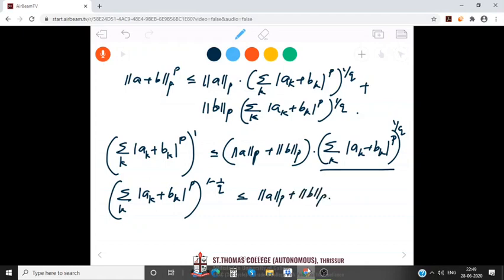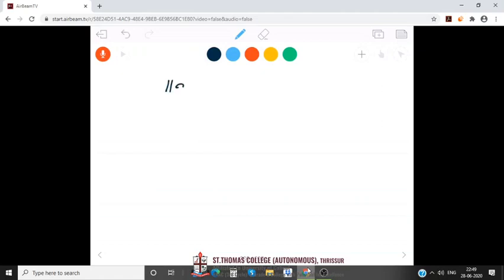Now what about 1 minus 1 by q? 1 minus 1 by q is 1 by p. So that summation over k, absolute value of ak plus bk to the power p, the whole power 1 by p, is less than or equal to norm p of a plus norm p of b, and this is nothing but norm p of a plus b less than or equal to norm p of a plus norm p of b.